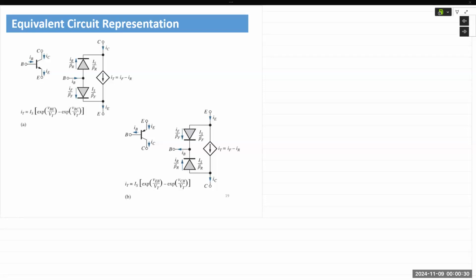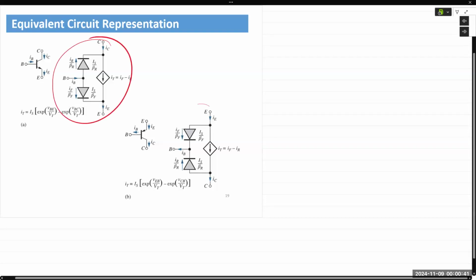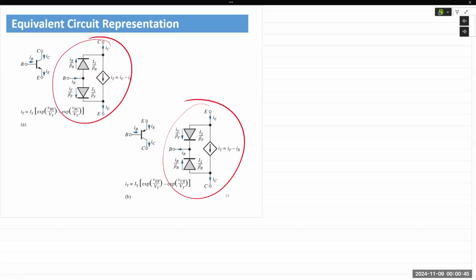The transport model of the BJT is very useful, and the equivalent circuit representation can be given by these figures right here. Two back-to-back diodes. In case of an NPN transistor, the anodes are connected together. A PNP transistor, the cathodes are connected together, and in parallel with a current source.